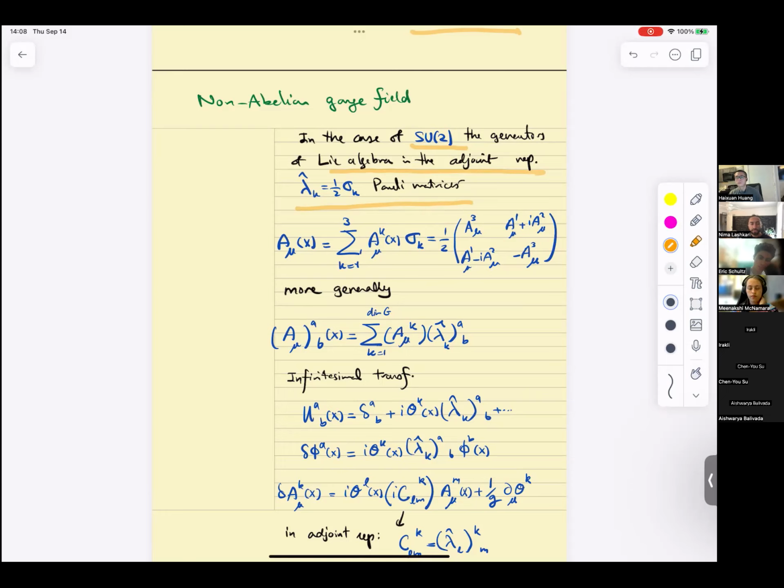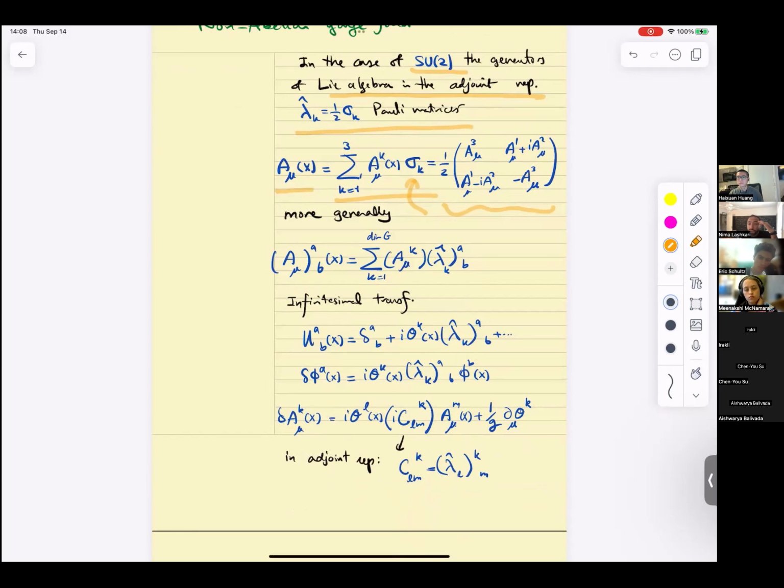No, that's right. So your vector field is going to be expanded in the following form in terms of the three Pauli matrices. I might be messing up factors of half, but here I'm writing it down explicitly to see that it's a vector. It's a 2x2 complex vector.